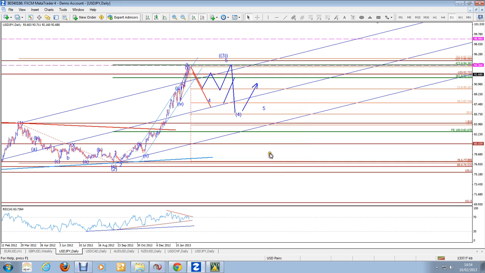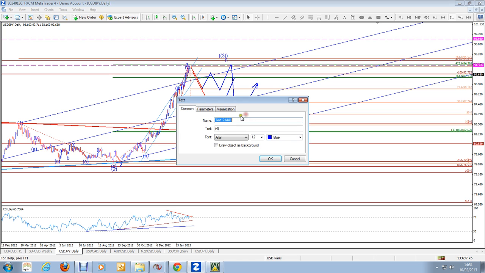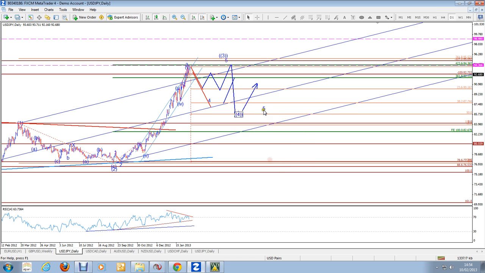Wave 3 in double parenthesis, and then we'll be looking for coming down in wave 4 in double parenthesis, and then finally we'll be looking to go up in wave 5, something like that.